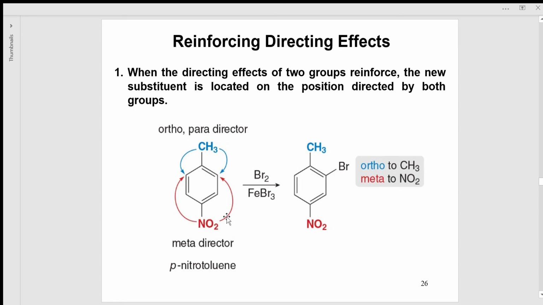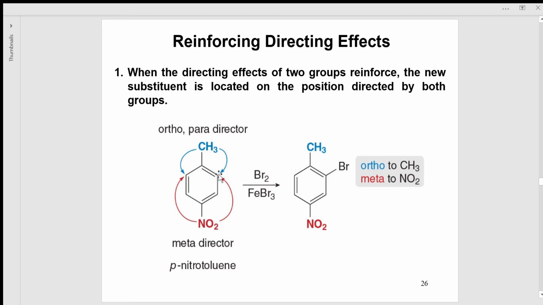And let's analyze the second group. It's the nitro group. The nitro group is a very strong electron withdrawing group. So a withdrawing group is a meta director. A meta director prefers bromination at the meta position. You see, this is the nitro group. This is a meta position relative to the nitro group.